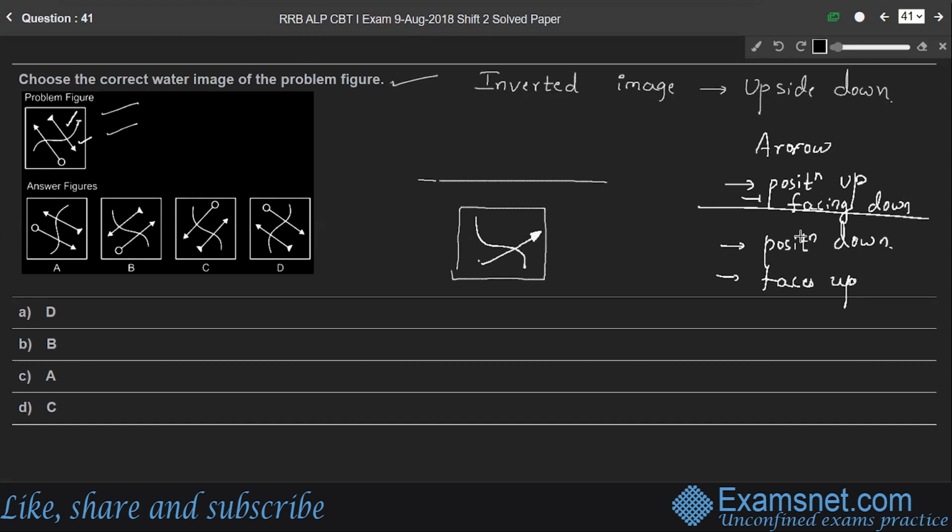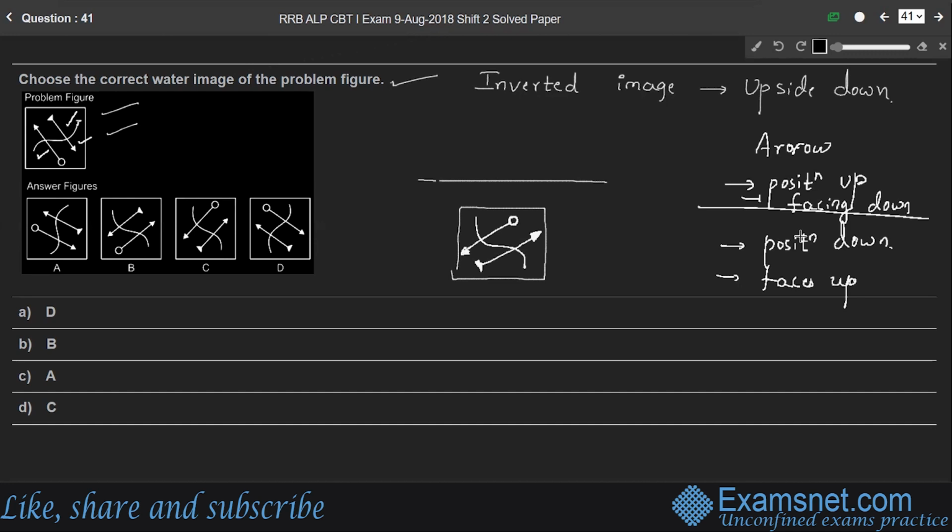And the upper and lower parts will be like this. And another arrow which is down and facing up, its position is down and it is facing up in the problem figure. So in the image, it faces down and its position will be up.